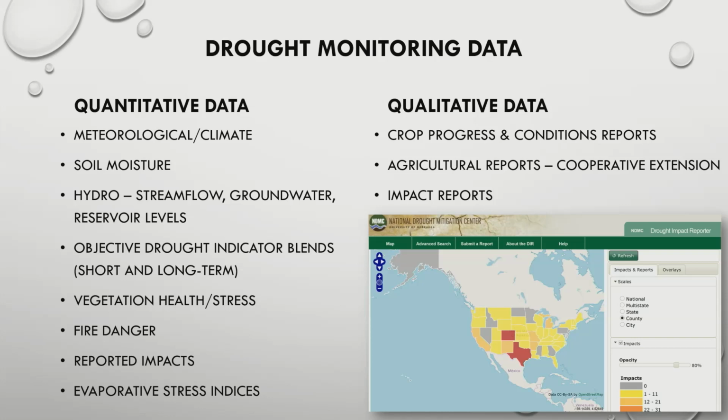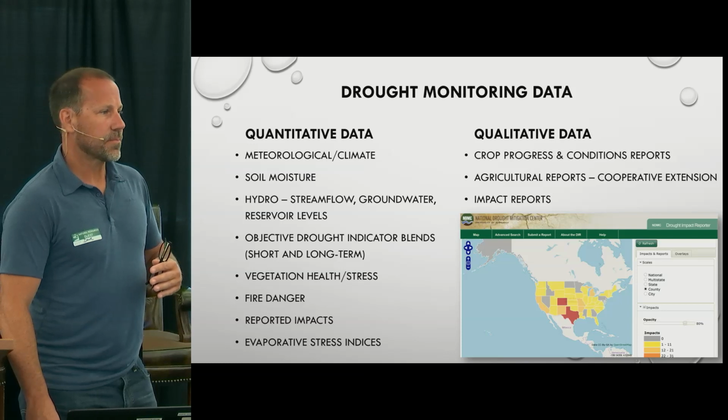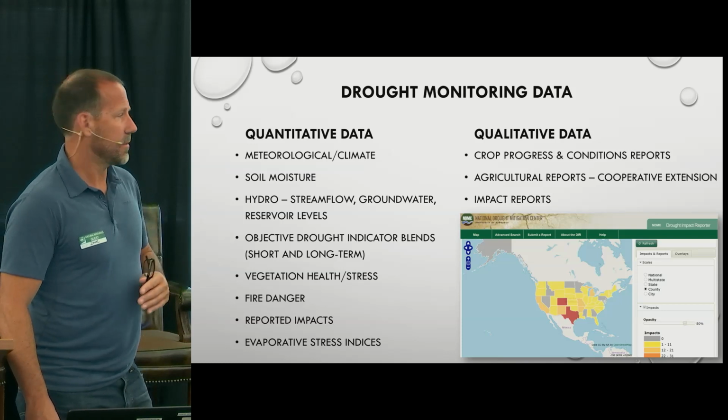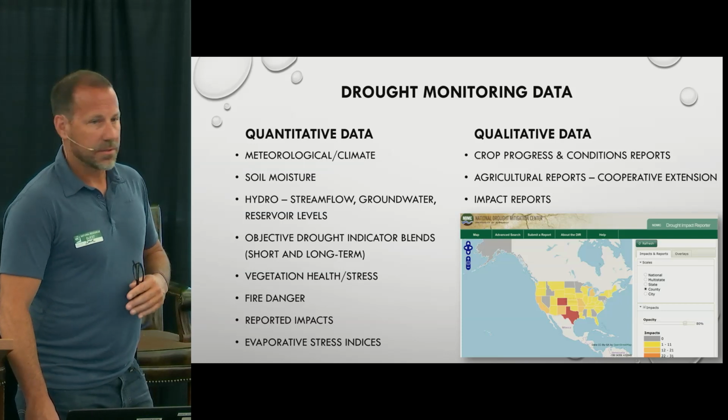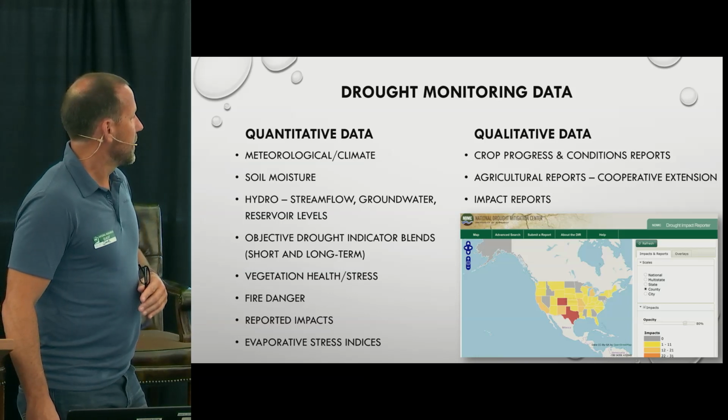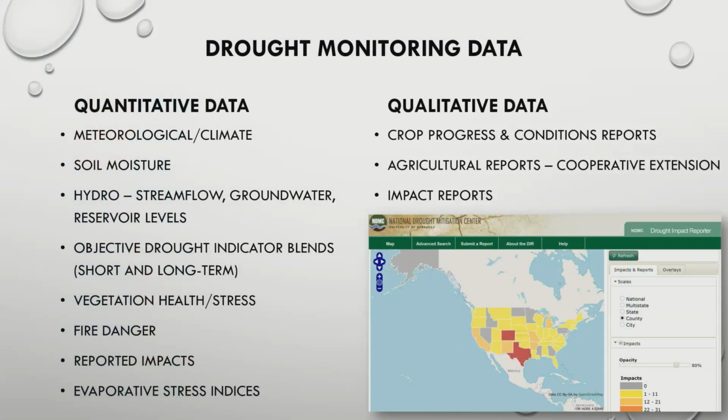But in the West, reservoir levels are very important. Objective blend indicators, I'm going to get into that tomorrow. I'm giving a talk getting more in depth on the data products that we use. Vegetative health and stress, those are generally remote sensing based products looking at greenness and the vegetative health of the plants. Fire danger impacts, evaporative stress indices.